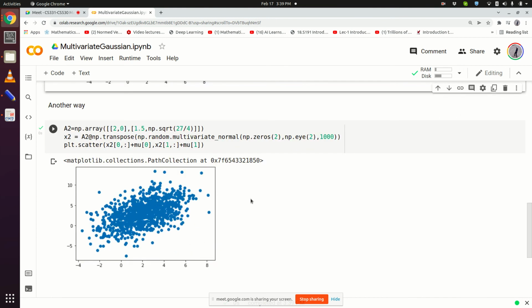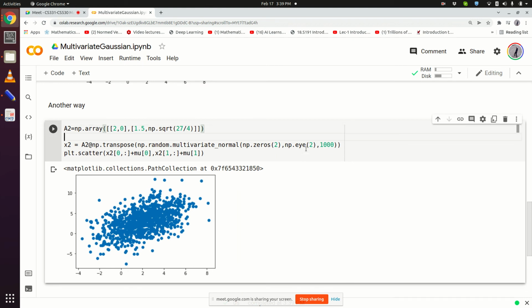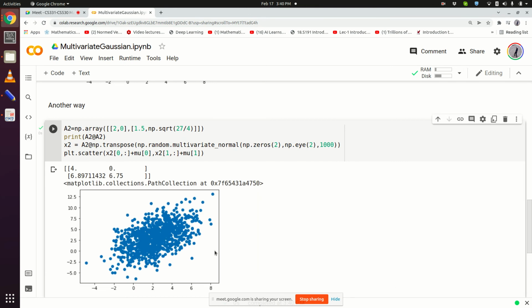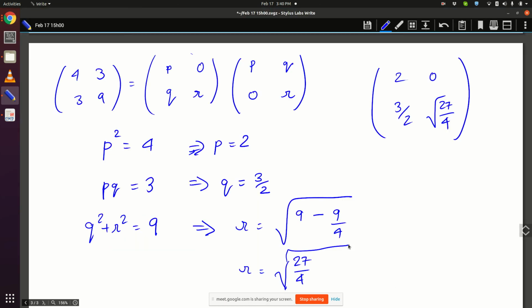It doesn't look like the same. Let us verify whether A times A is actually sigma. I get 0.75, so some mistake I have made. Somebody has to tell me what mistake I have made.